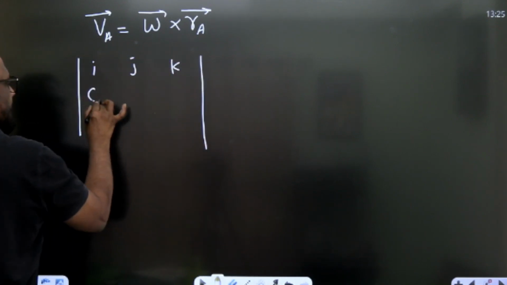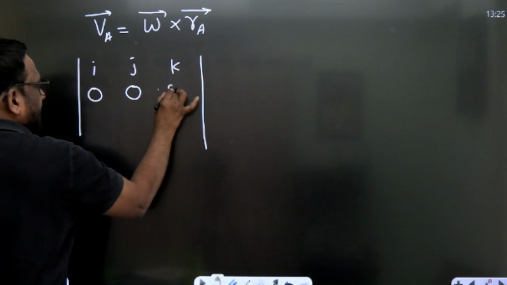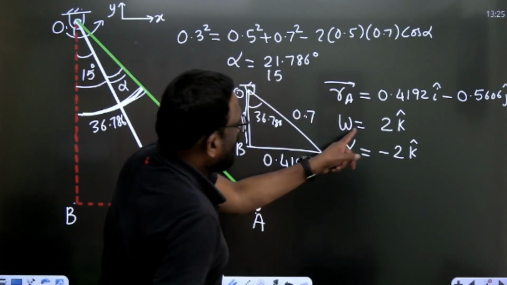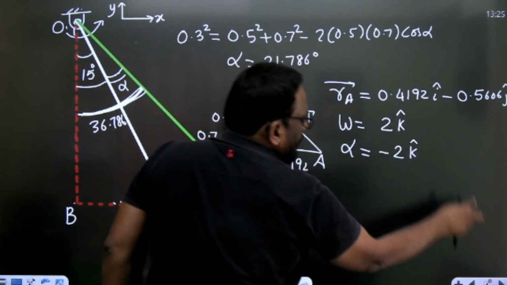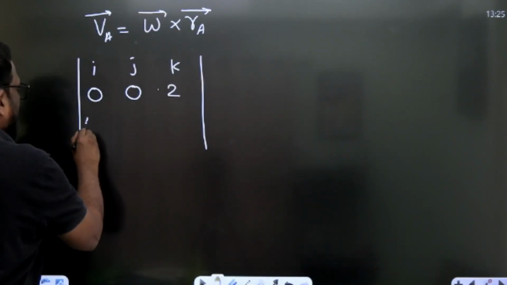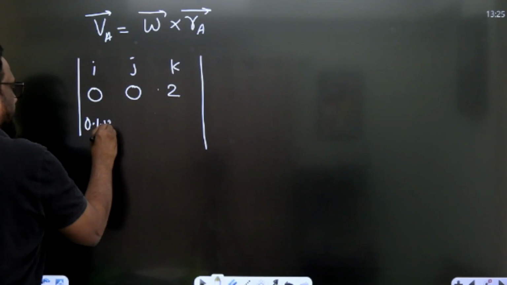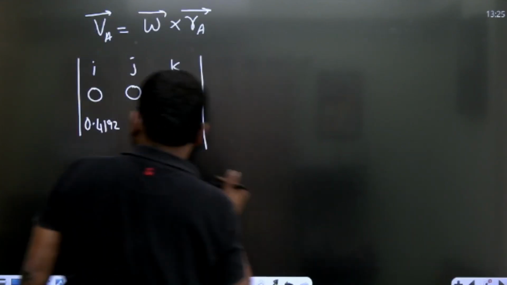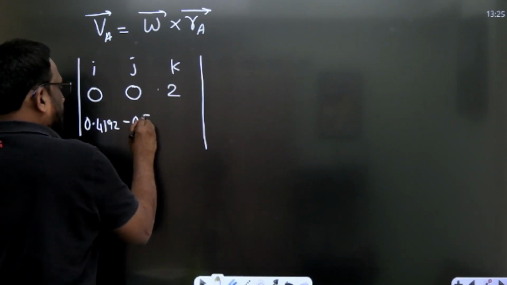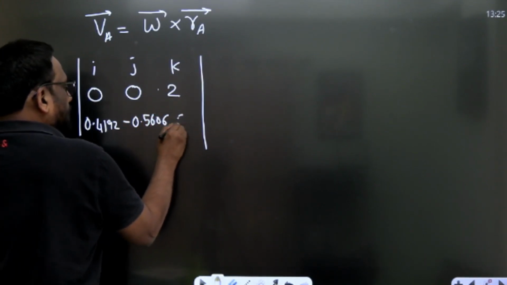What is omega? There is no i, there is no j, and k is plus. No i, no j, k plus. And what about r_A? 0.4192 i, and j is minus 0.5606. There is no k, 0.